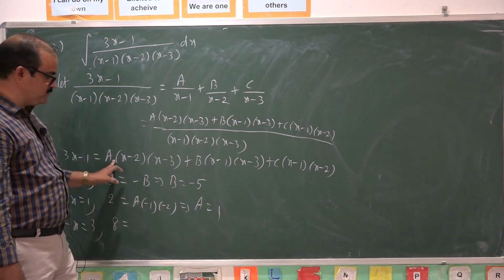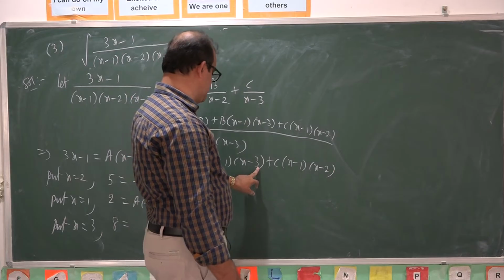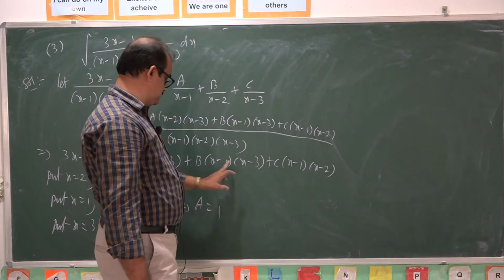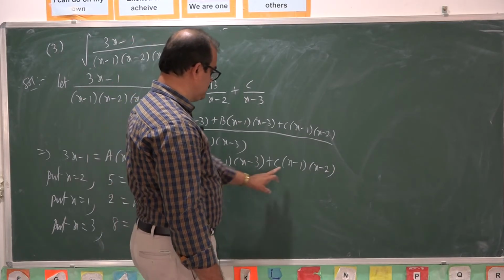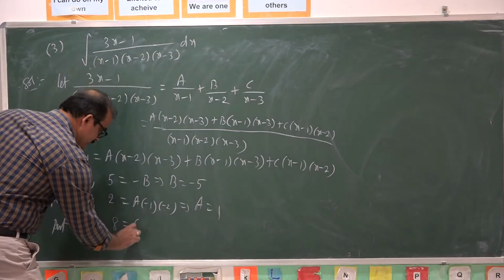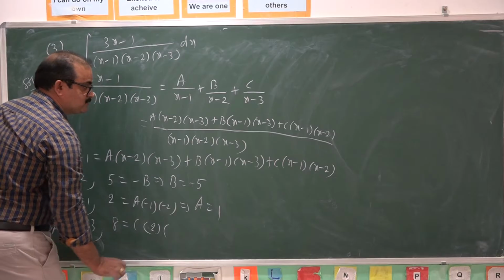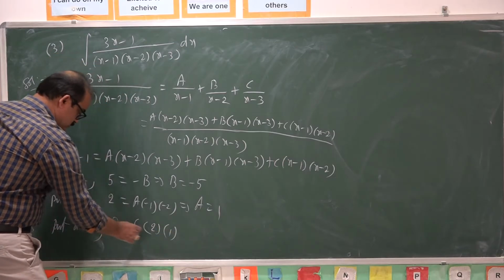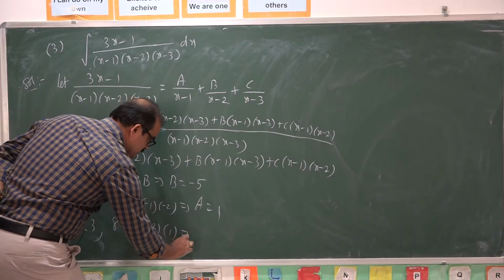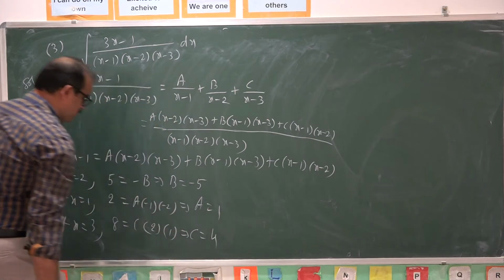First term 0. Put x is equal to 3 here, 3 minus 3, 0. So the second term is also 0. Third term, C into (3 minus 1), 2, (3 minus 2), 1. 2C is equal to 8. So C is equal to 4.